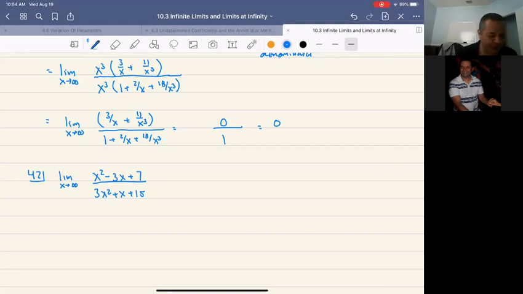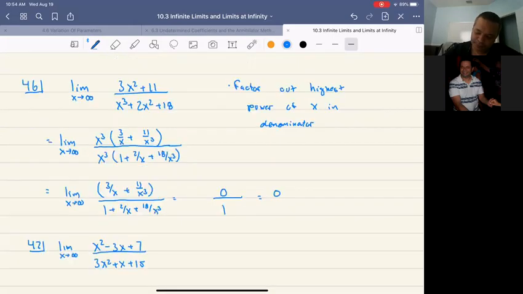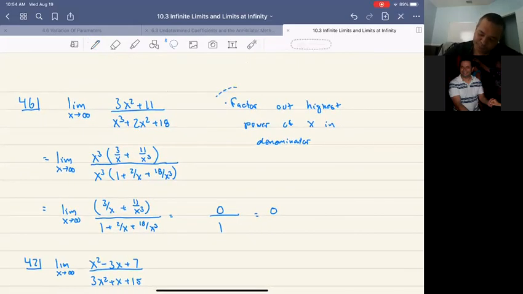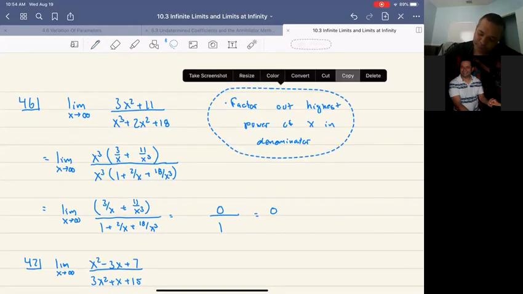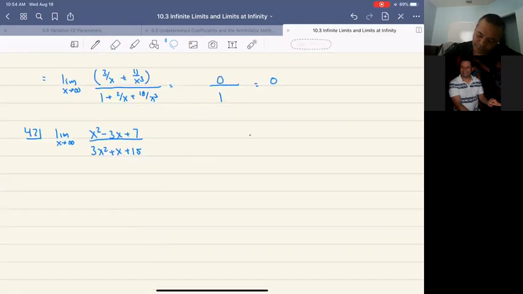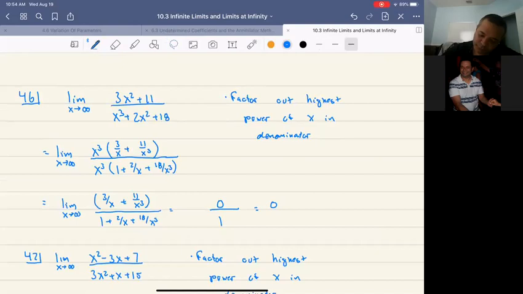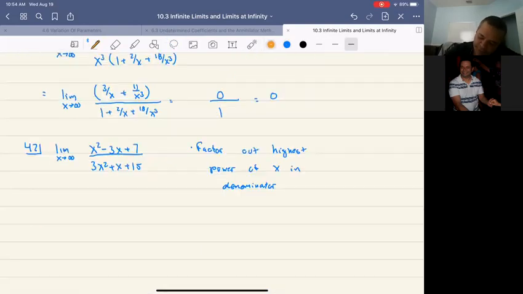We're going to factor out the x squared in this case because that's the highest power of x in the denominator. Here it was x cubed; here it's going to be x squared.